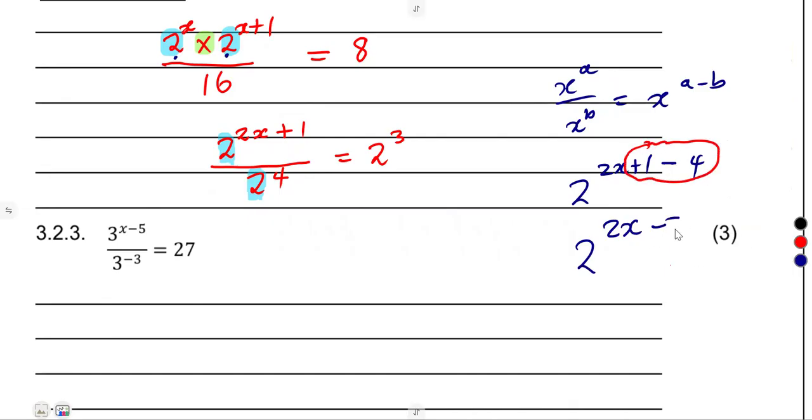That is a negative 3. So that is what you're going to have here, by simplifying this side, making use of your laws of exponents. So that's 2 to the exponent of 2x minus 3, which is equal to what? On the right-hand side, it is 2 to the exponent of 3.